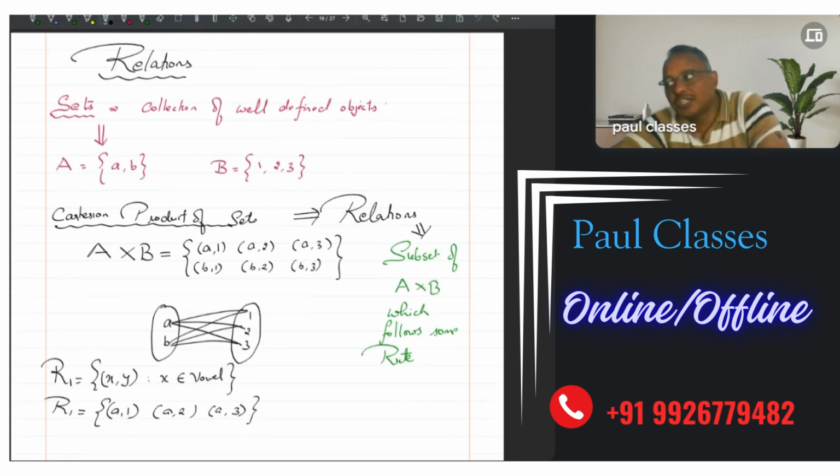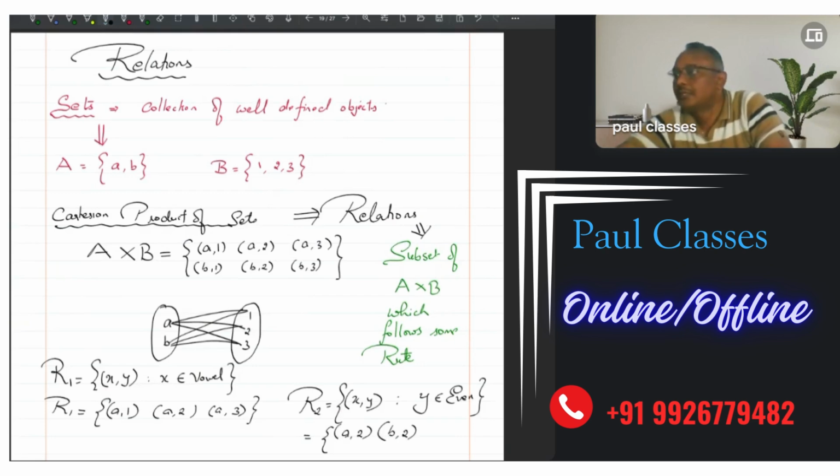I feel like making one more relation, containing (x,y) where y has to be an even number. So what all elements can be possible? There can be (a,2), as the second number has to be an even number, and (b,2). That is all.